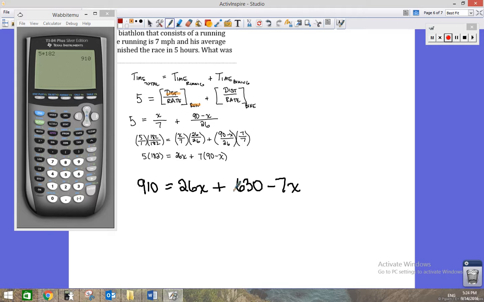Alright, so if we take 630 away from each side, we're left with 280, and 26 minus 7 is 19. Let's divide by 19.